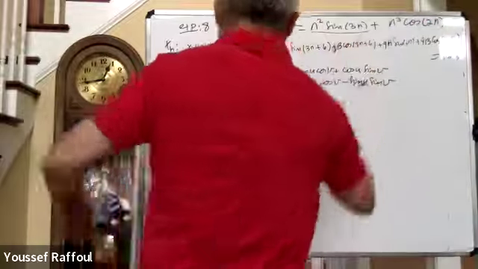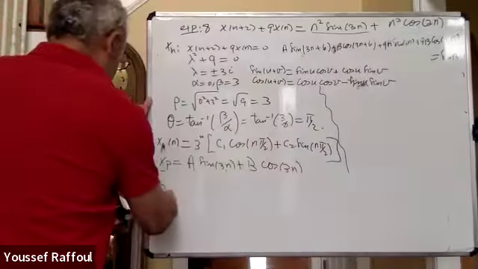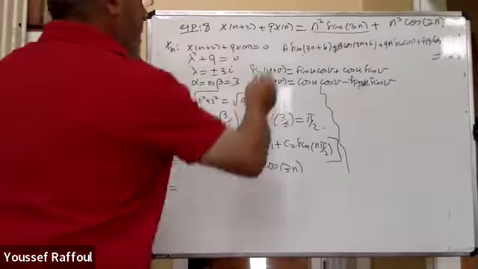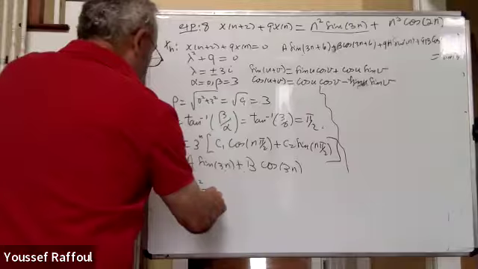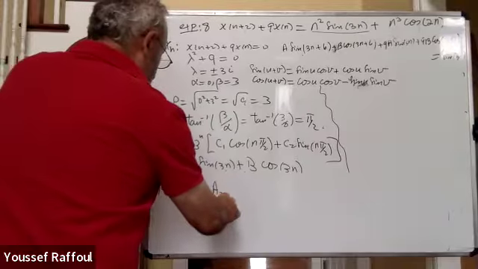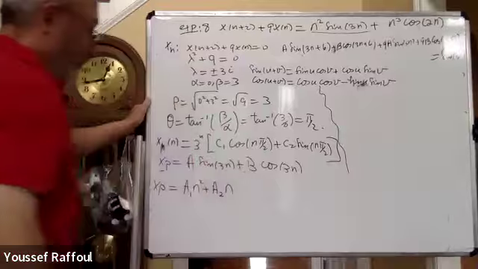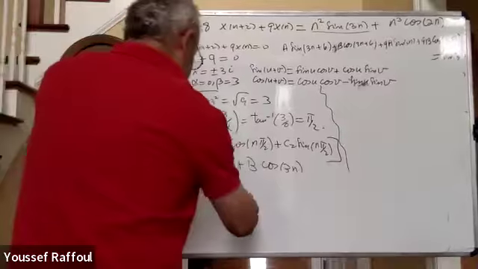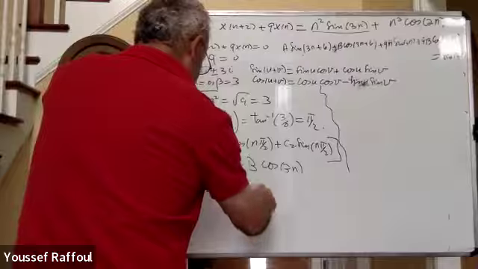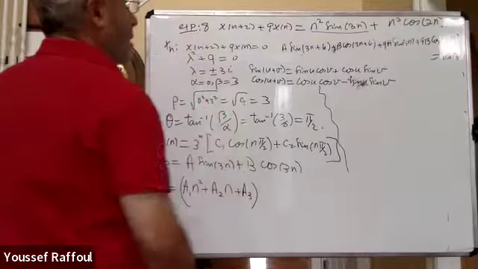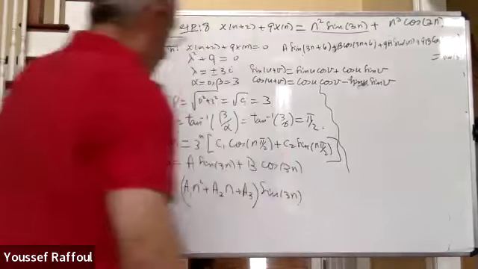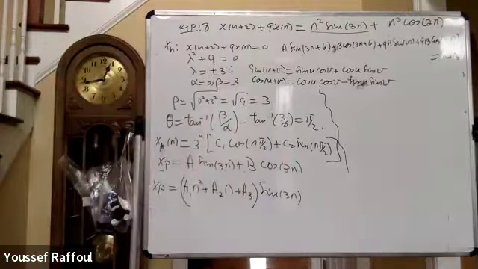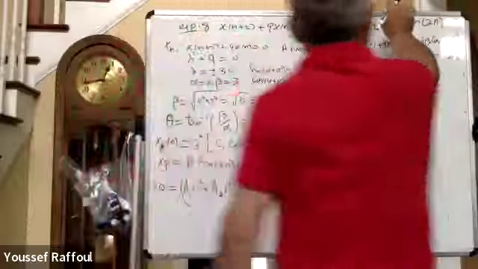All right. So for this one, xp is going to be a1 n squared plus a2 n plus a3 times sine 3n. Do I stop here, guys? Forget about the other term for now.